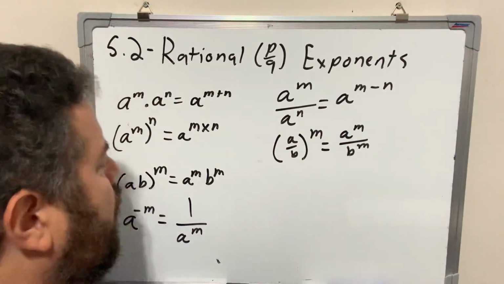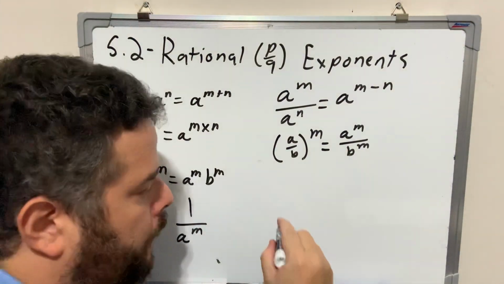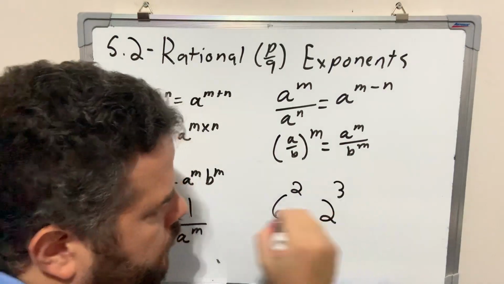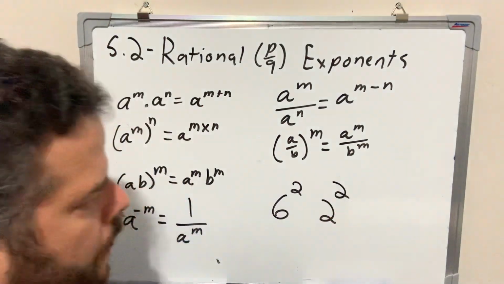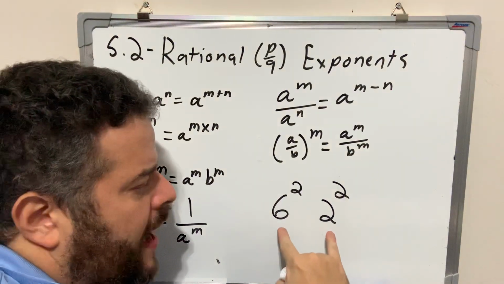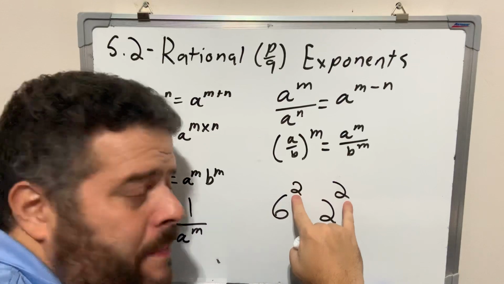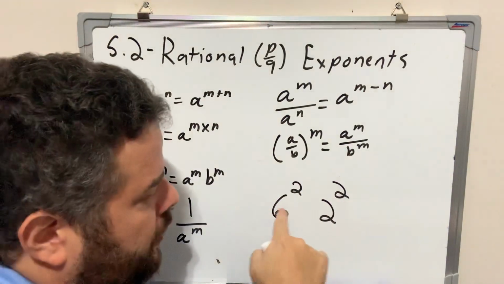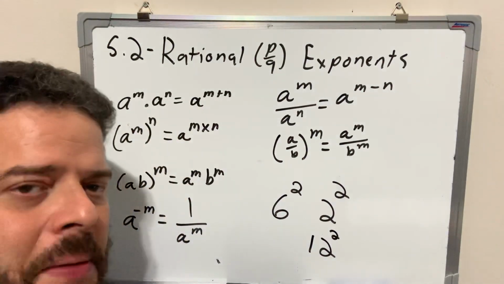And also, this is another trick. And again, if you have different bases, but the same exponent, so we're working backwards, you could actually multiply these two and then raise it to the exact same power.